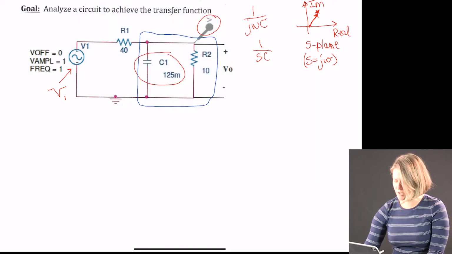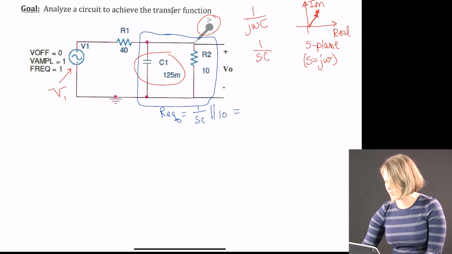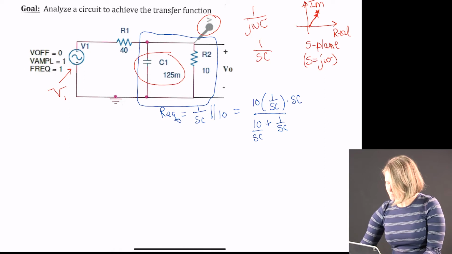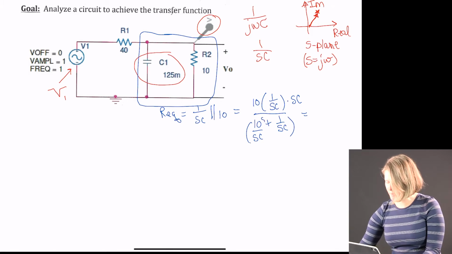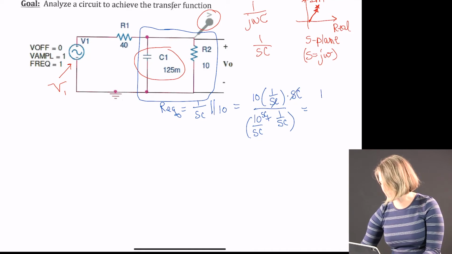So we can make an R equivalent as 1 over sC in parallel with 10, which simplified, we can get a common denominator, and that means we multiply a common denominator on the top. This puts an sC in the top for that one, and then these cancel out, so we get 10 on the top divided by 10 sC plus 1.